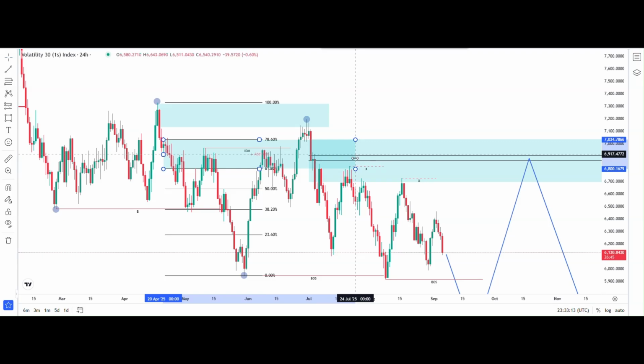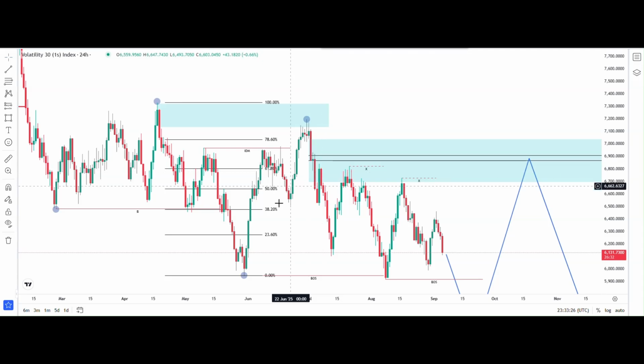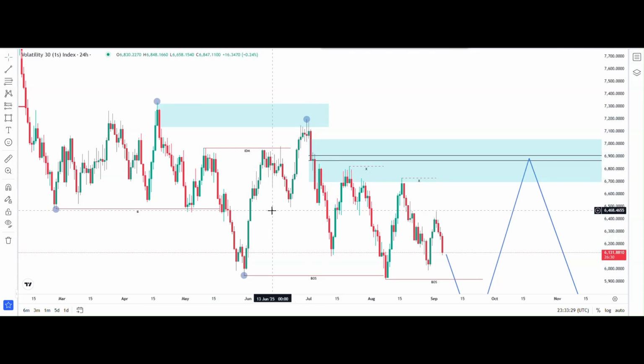Because we are only going to be selling price when price is at the premium range, and we only buy price when price is in discount, right? Just like supply and demand. All right.